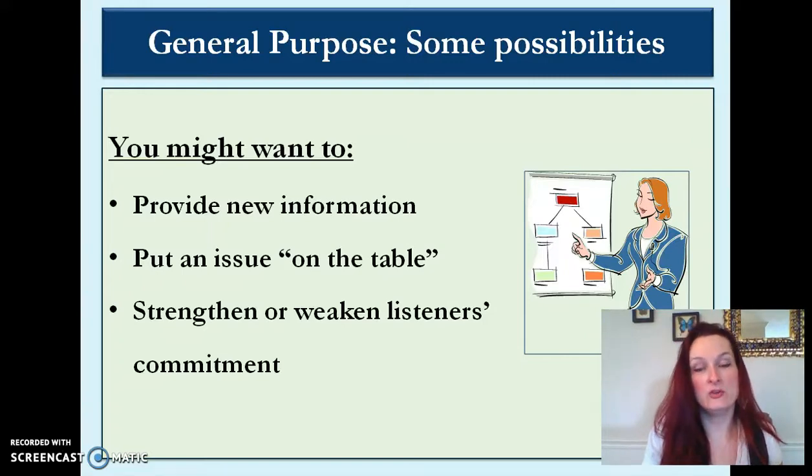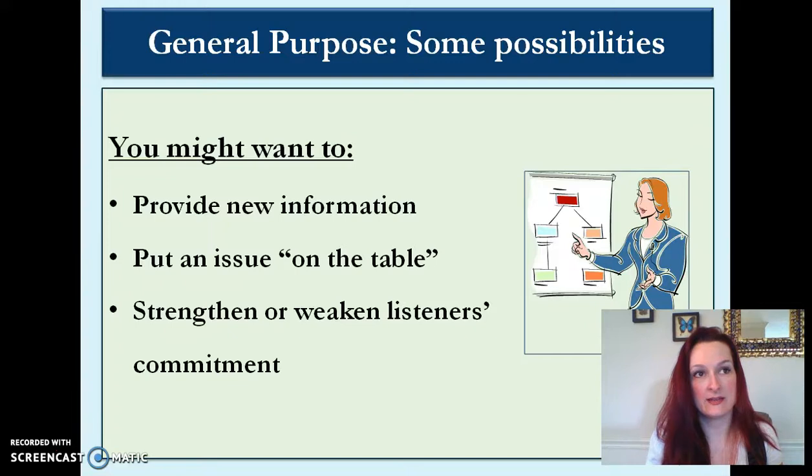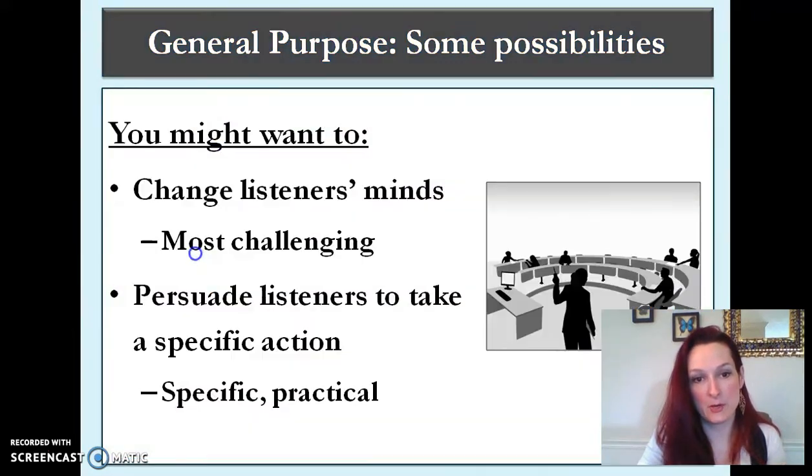Or on the other hand, you may go in knowing, this is going to be a tough crowd, they might disagree with me about this, and I'm not going to necessarily set out to completely flip them on this issue 180 degrees, but I'm going to weaken their commitment by at least giving them some things to consider on the other side as part of a process of moving them towards maybe being more open-minded about the issue. So those are just a few examples of general purposes.